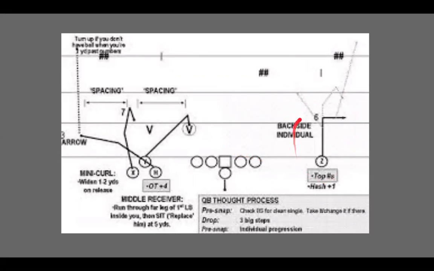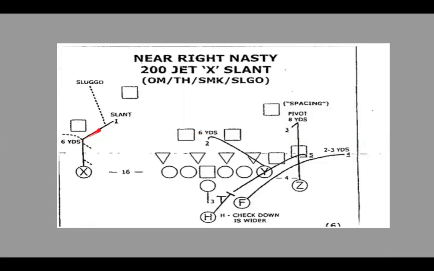Another variation you'll see is, depending on the receiver, the single receiver and the quarterback sometimes can have a defined set of rules of how they're going to communicate as to what's going to be actually run back here. Sometimes it's called individual, sometimes it's called playground, and you can see the options back here for this receiver. The most common one is a sluggo, a slant and go. You've been running slant.